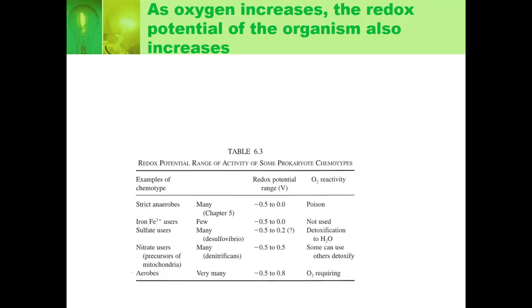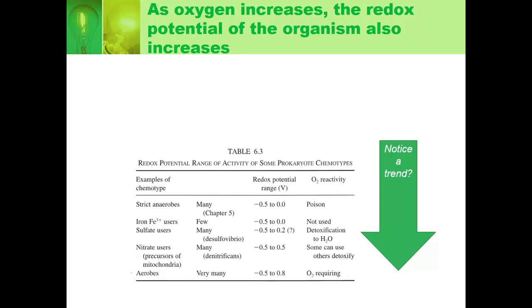So as you go from strictly without oxygen to strictly needing oxygen, you have these things in the middle like nitrate users. Nitrate was made by putting oxygen on nitrogen, and those have a moderate redox potential range. Okay? I would like to know more about this, but the main thing is, notice the trend of upper redox potential fits with the trend of time.